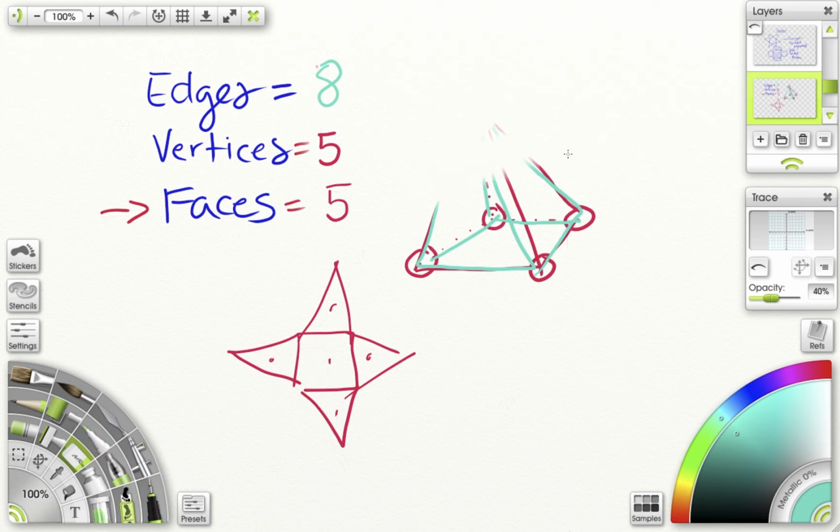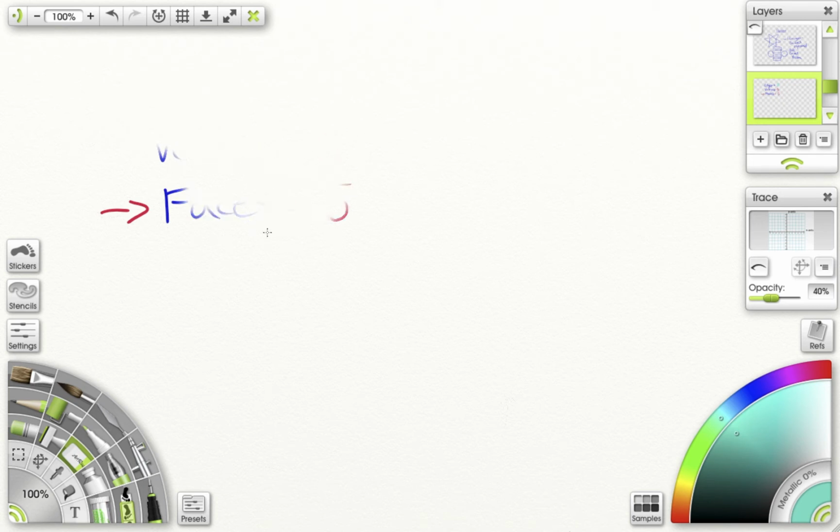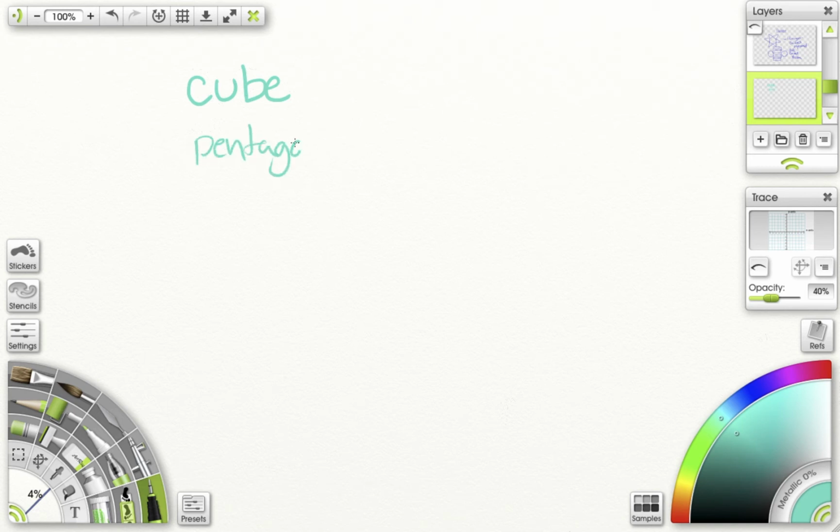So it's going to be 2 charts, one of prisms and one of pyramids. But I'm just going to give you a few helpful reminders on what kind of relationship the number of edges, vertices, and faces have. So let's look at a cube. And then we're going to look at a pentagon prism, and let's look at a hexagon-based prism.